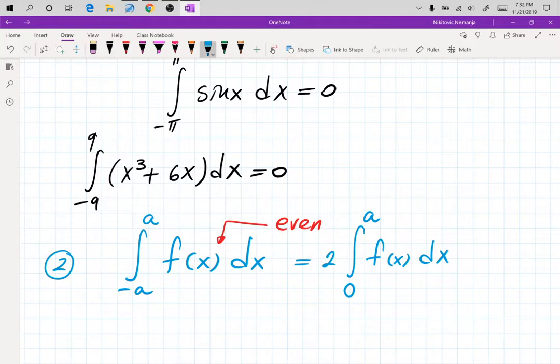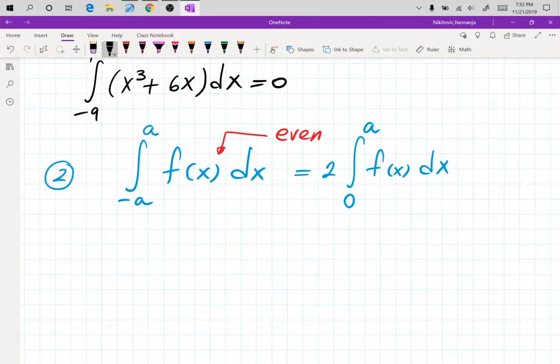Great. So this one would be used this way. Let's say you want to integrate cosine 3x from negative pi over 3 to pi over 3. Let's say you want to compute this, so dx at the end, oops.